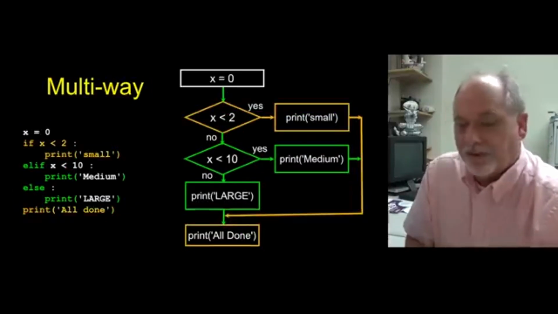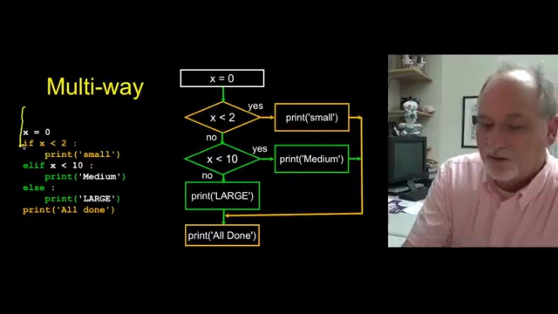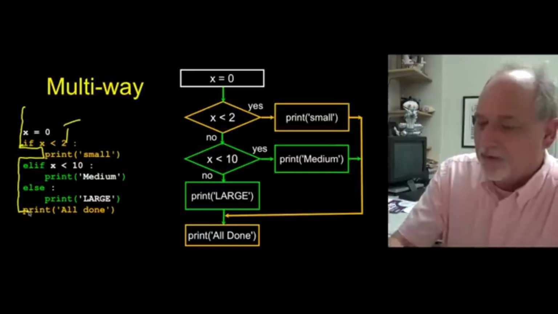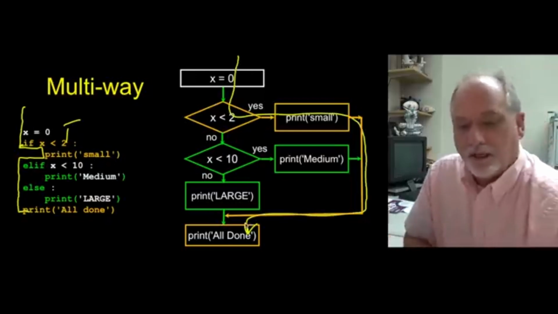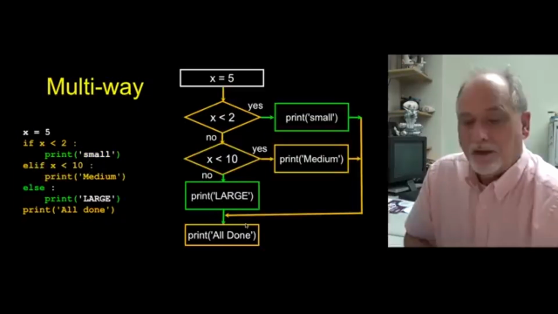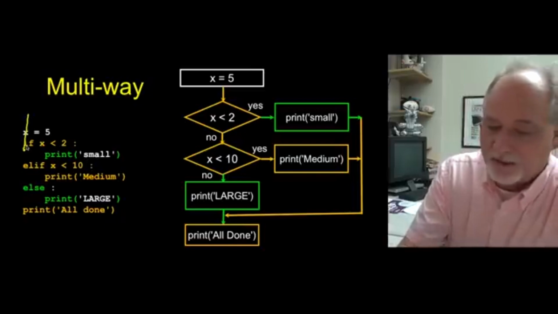So here's some examples of this. If we, for example, have x equals 0, it's going to come down here. x is less than 2? True. So it runs this code, and then it skips to the end. On the other hand, if x is 5, then this is false, and it skips that, and it checks this. This is true.